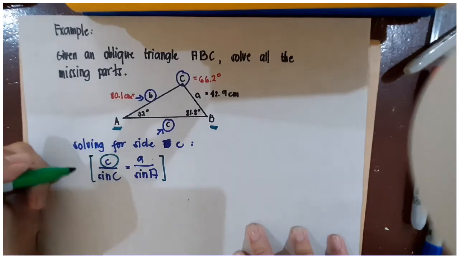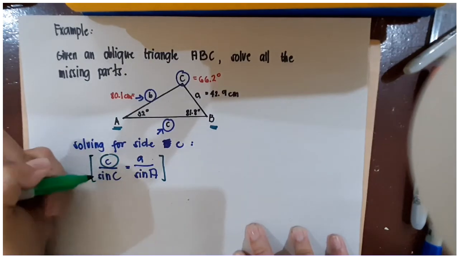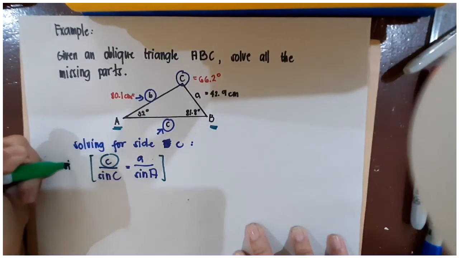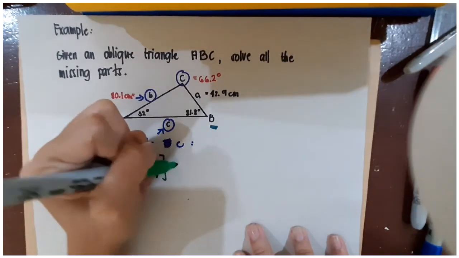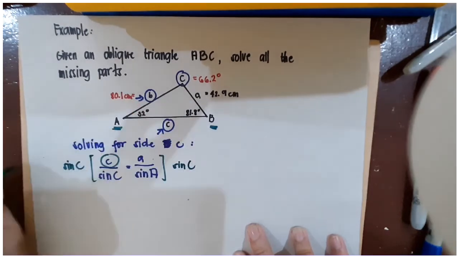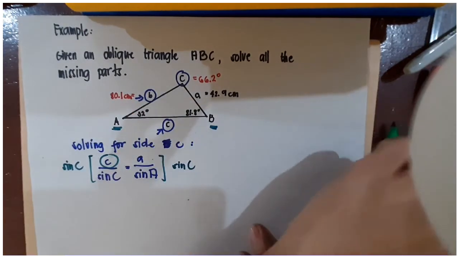So to cancel out sine C in this side, you multiply both sides by sine C.